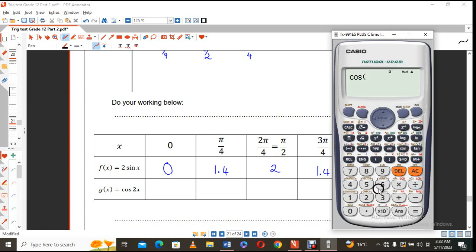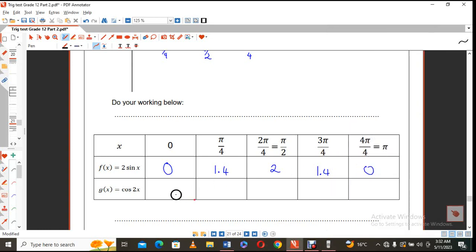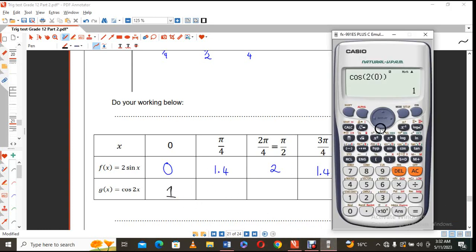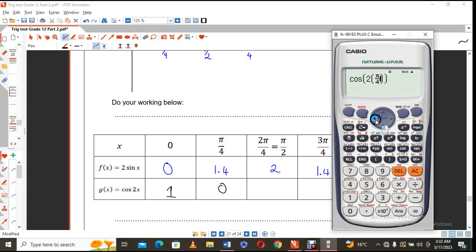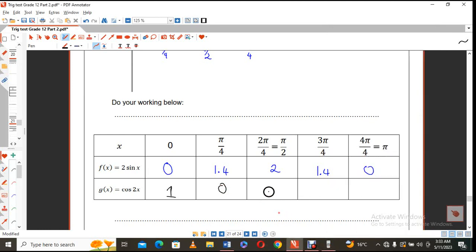So it's cos 2 open bracket 0 close brackets, twice, and you get 1 as an output here. And if you put pi over 4, then you're going to get an output of 0. And if you put half pi radians, that means I'm going to put 2 over here, where I'm going to get -1.